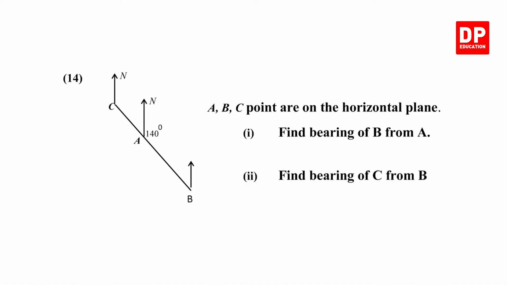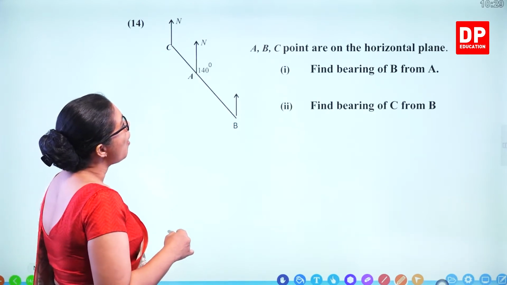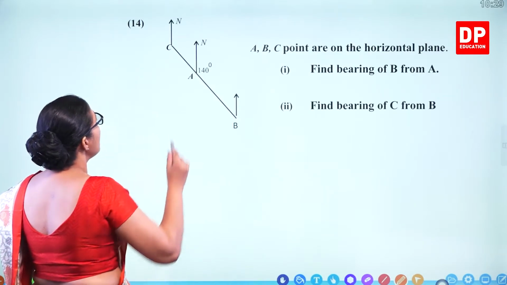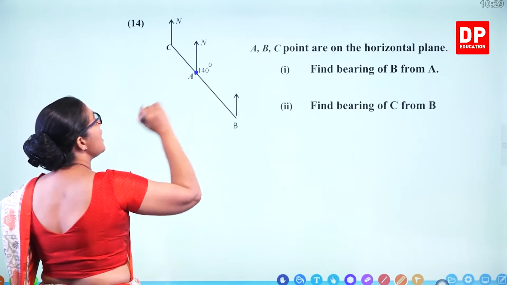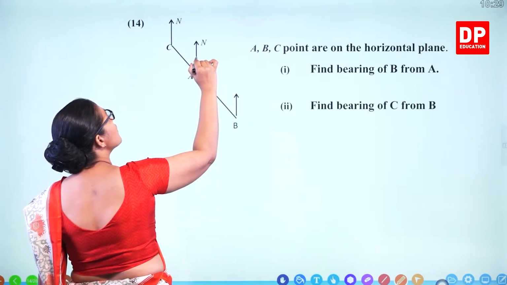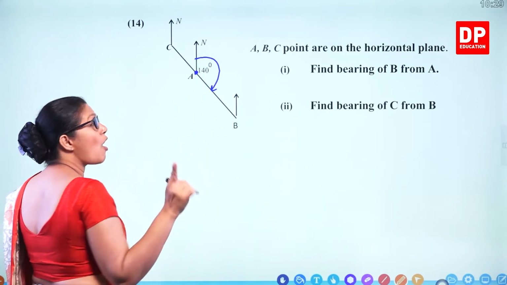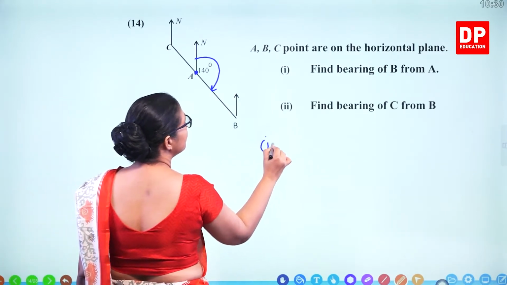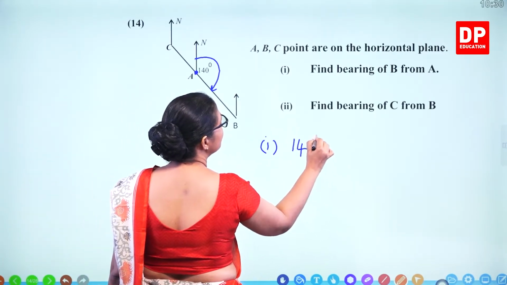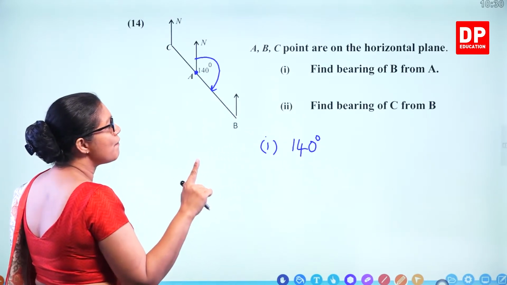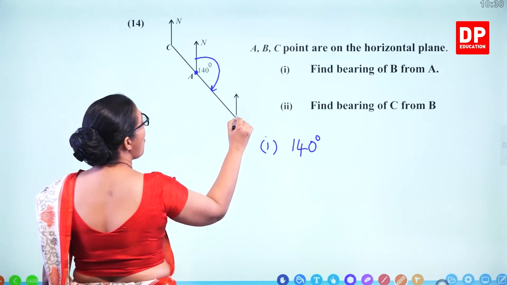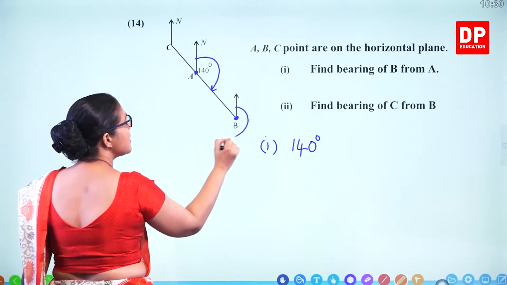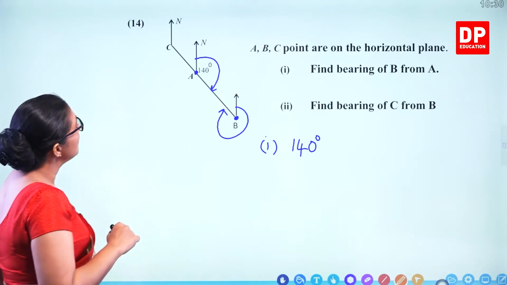Question number 14. A, B, C points are on the horizontal plane. Find bearing of B from A. From A means we take A and we look at B from here. So from north, clockwise is the bearing, 140 degrees. Find the bearing of C from B. From B, we look and C is here. This angle. What's that angle?